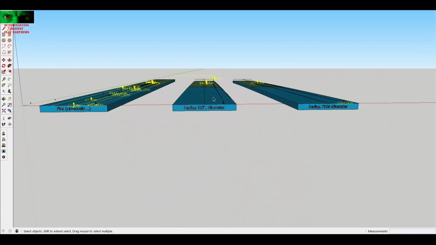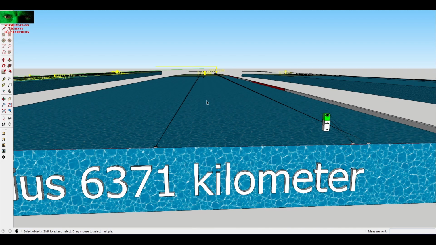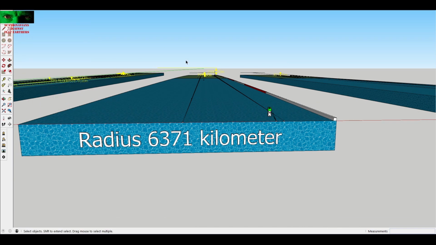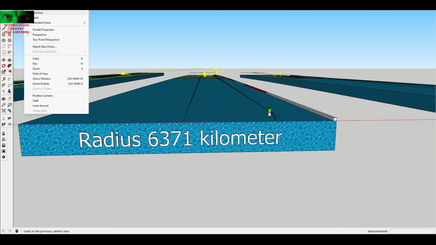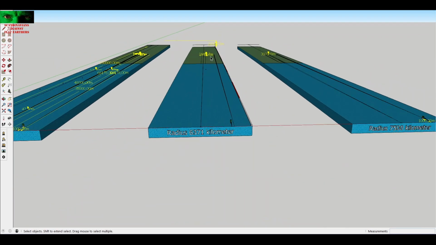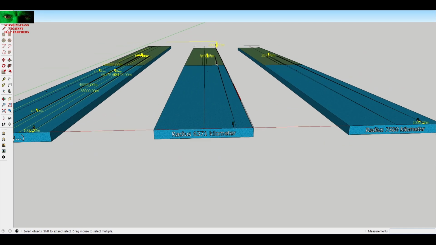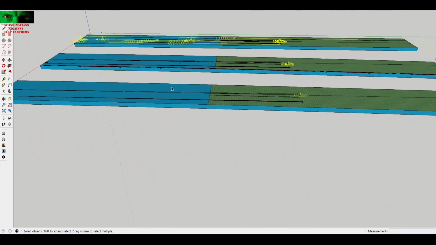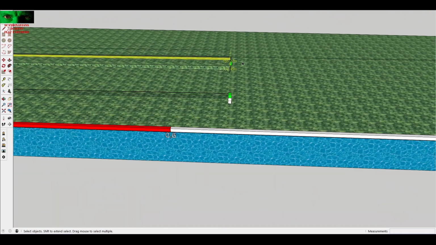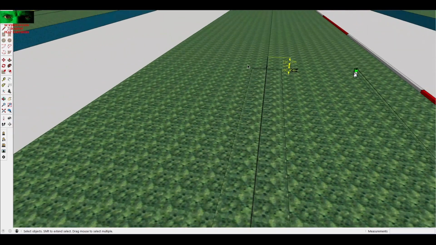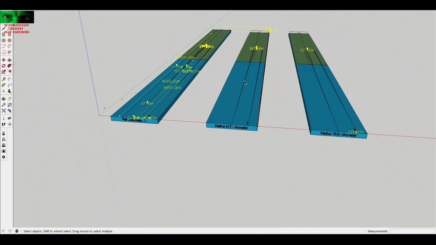Orthogonal and perspective. And camera, perspective. This is perspective. So yeah, there's no change between perspective and orthogonal. Nothing happens over here.